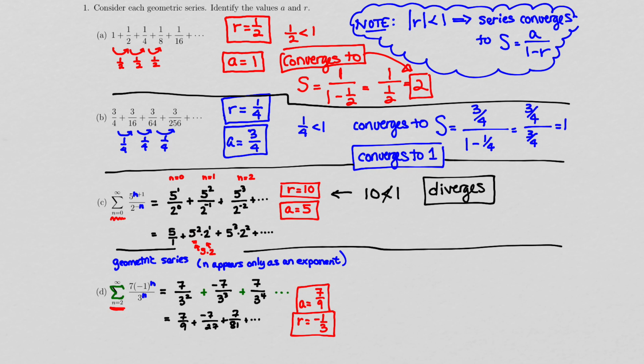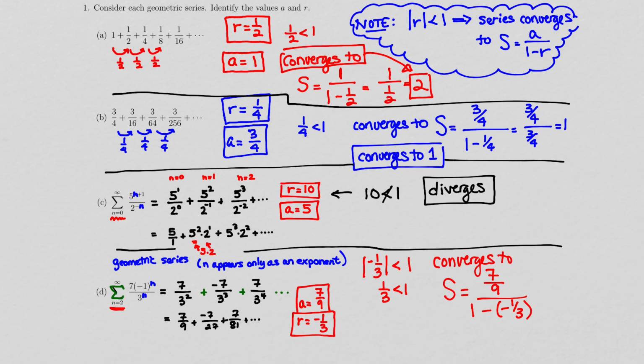And the last guy. John, did you get the last guy? No, not yet. That's okay. No worries, because I know I'm going super fast here. So is this less than 1? Well, that's 1/3, which is less than 1, and that's true. So this guy converges, and he converges to 7/9 over 1 minus negative 1/3. So when your R value is negative 1/3, you have to be really careful in there, right?